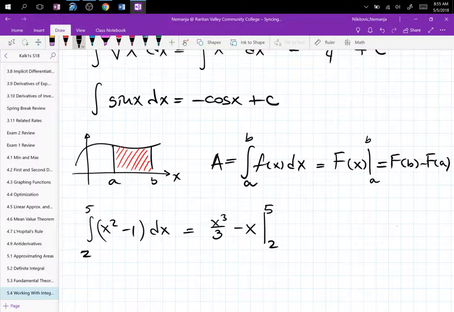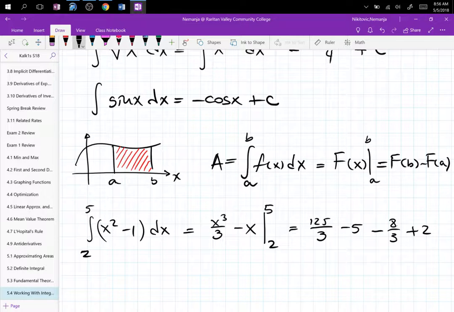So we first find the antiderivative, and then we compute from 2 to 5. So that's going to be 125 over 3 minus 5 minus 8 over 3, and then plus 2, because minus and minus gives you plus.